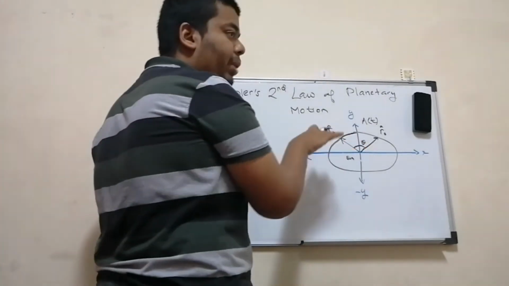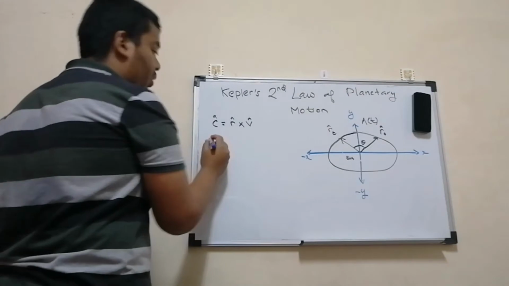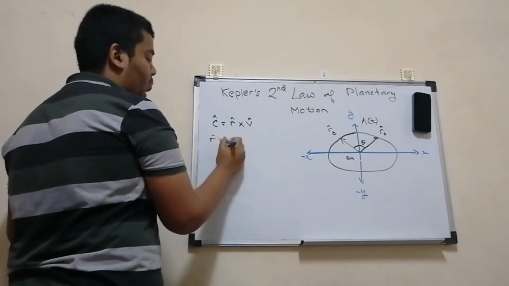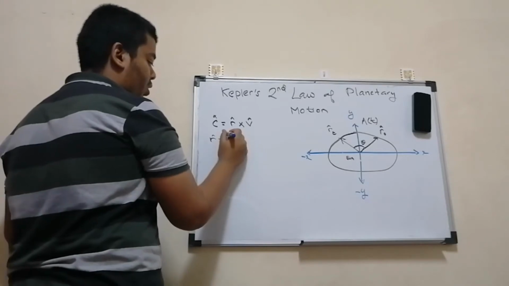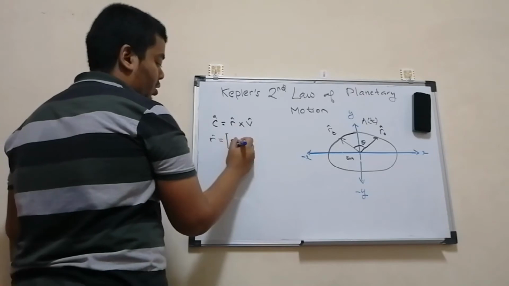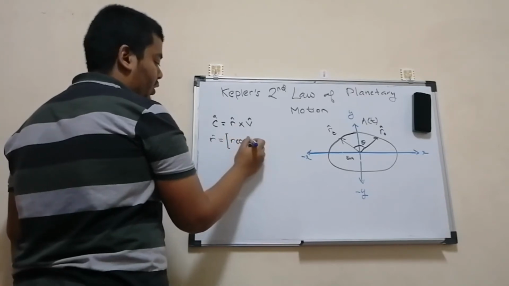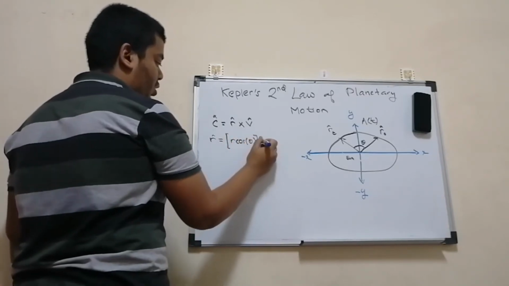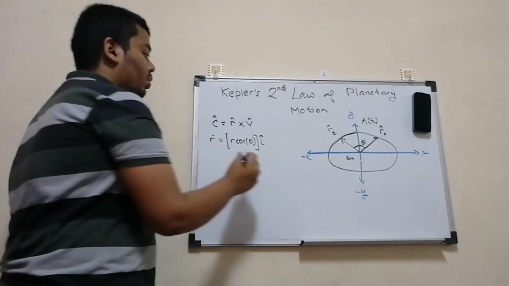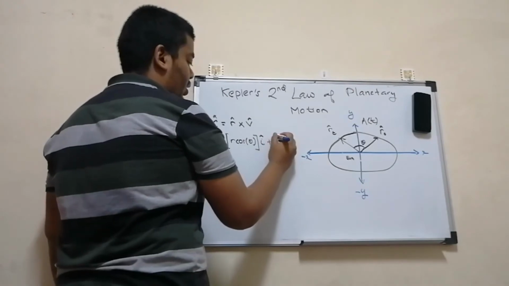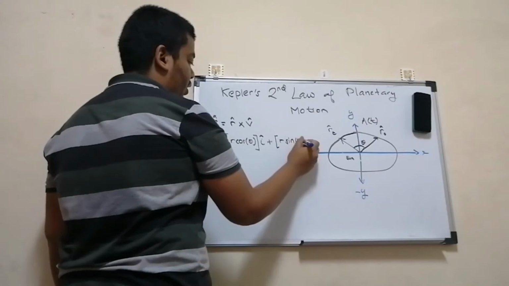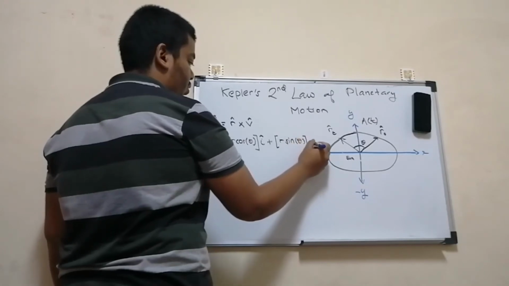Since I drew my path in polar coordinates, I'll give my r in polar coordinates also. So in polar coordinates, r will be, with this being the magnitude of r, the i component given by r cos theta, plus the j component given by r sine theta.